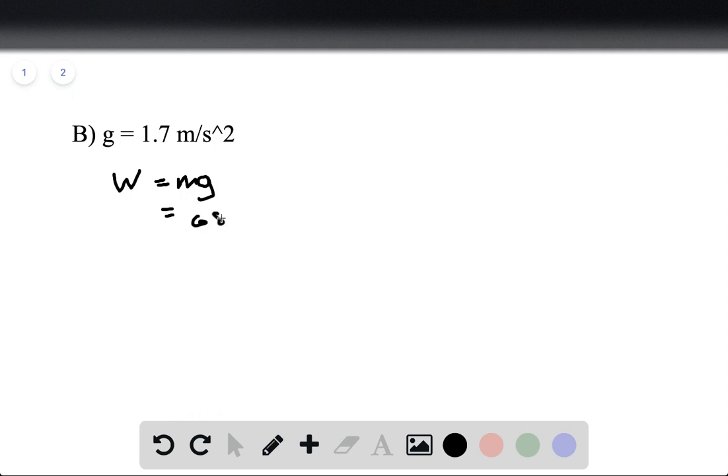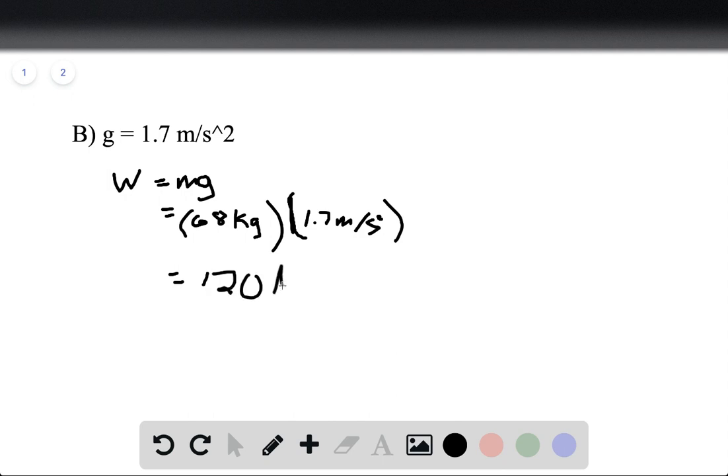Still the 68 kilograms. And now we're not going to use 9.8 meters per second squared. That's the acceleration due to gravity on Earth. We're going to use the 1.7, which was given in the problem, for the acceleration due to gravity on the moon. And then approximating to 2 significant digits, you should get 120 newtons.